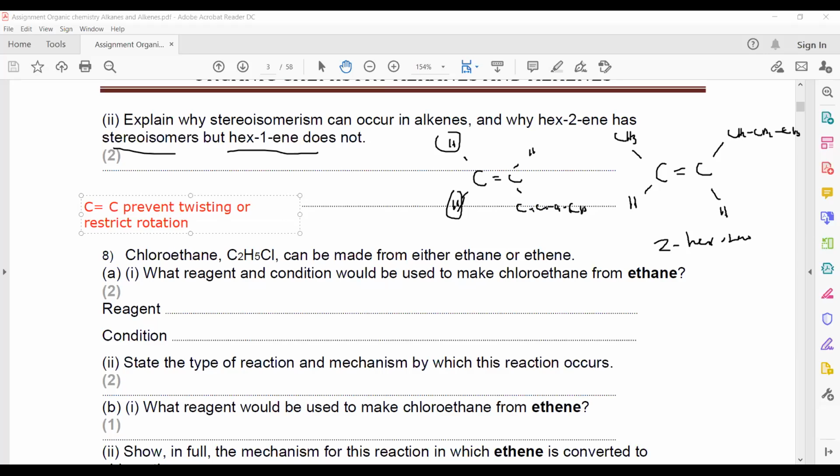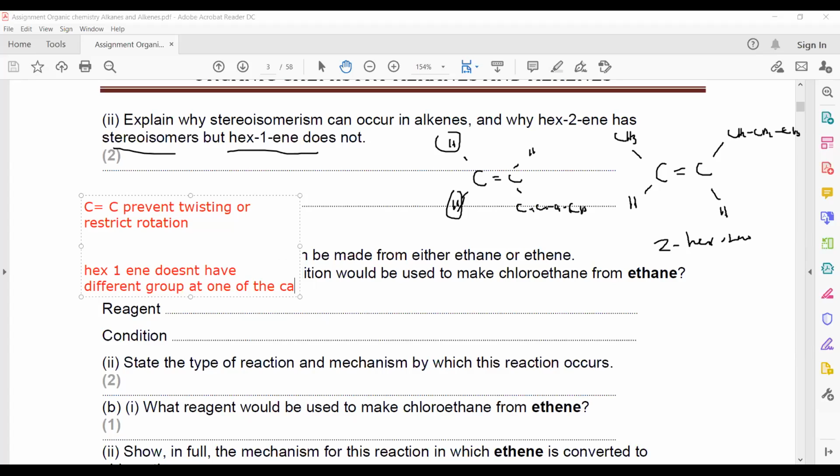That is the reason. And then, why does hex-2-ene have a stereoisomer but hex-1-ene does not? In hex-1-ene, there is no different group at carbon 1. That's why it does not exhibit stereoisomerism.